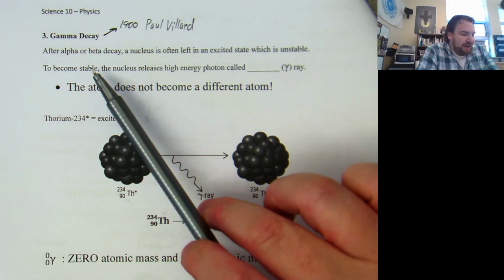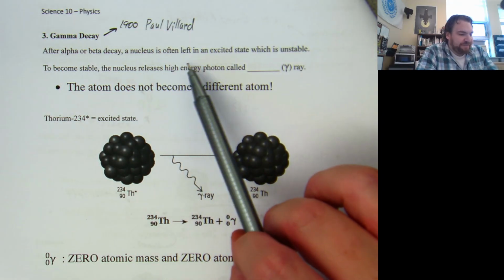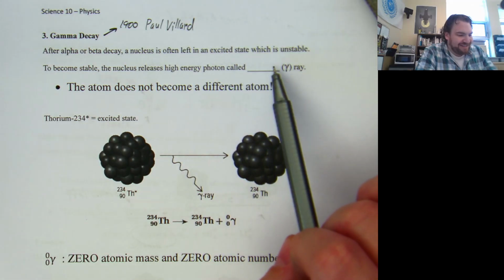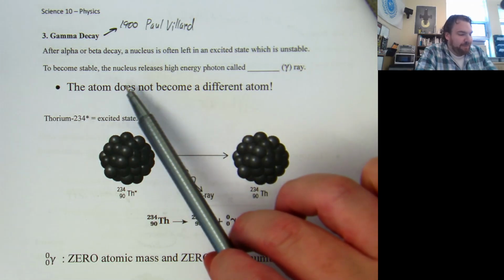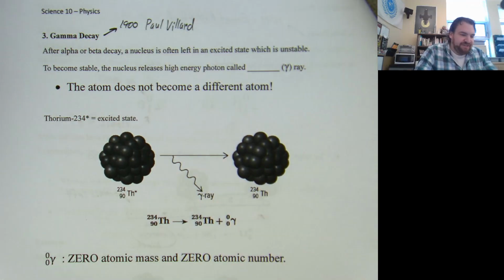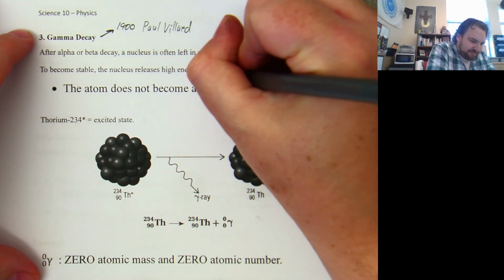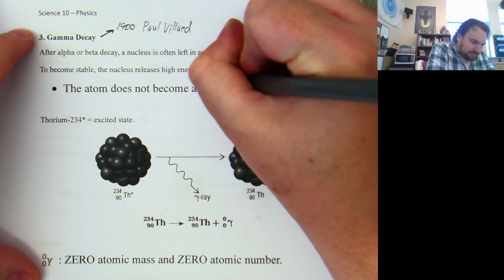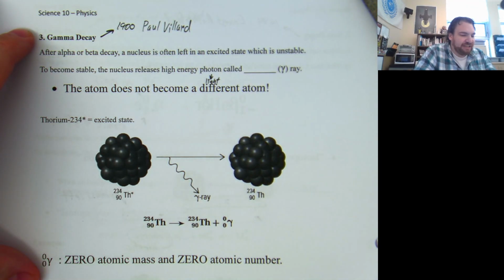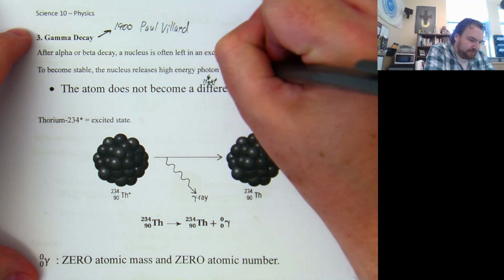So, after alpha decay and beta decay, a nucleus is often left in an excited state which is unstable. To become stable, the nucleus releases a high energy photon, which is weird. It just lets go of light. Photon is light. And it's high energy light in the form of a gamma ray.